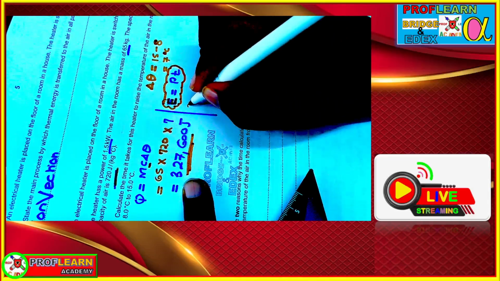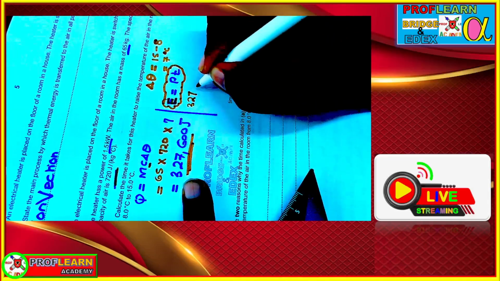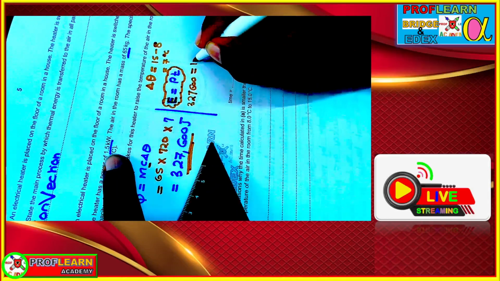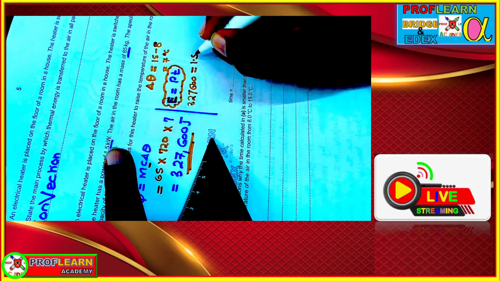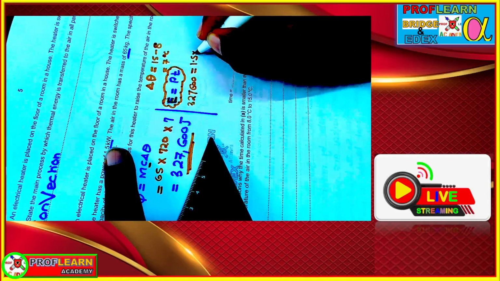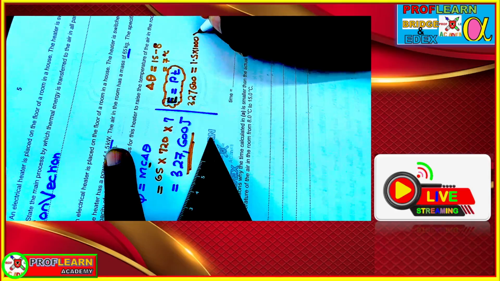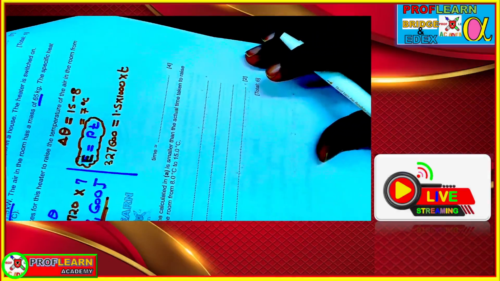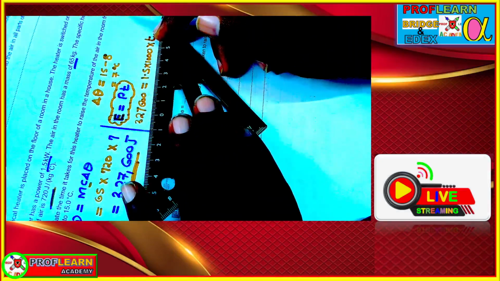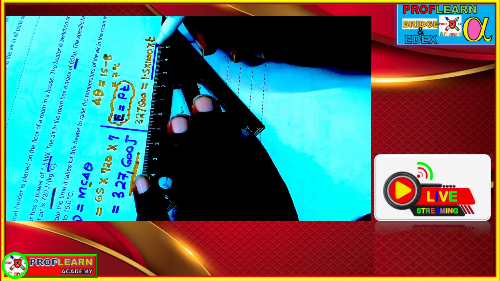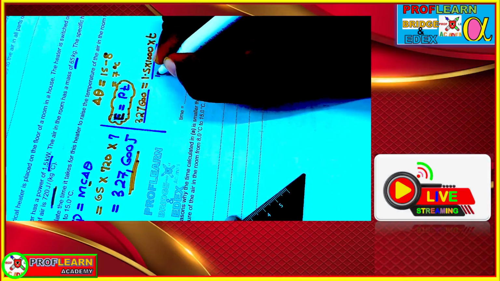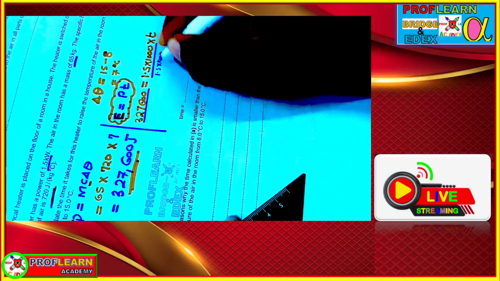So this is going to be 327,600 equals the power, which is given here as 1.5 kilo. Kilo in physics means 1,000, so times 1,000, then times time. Remember, we are looking for time in this particular question, so in order for us to get time, we are going to divide both sides by 1.5 times 1,000.